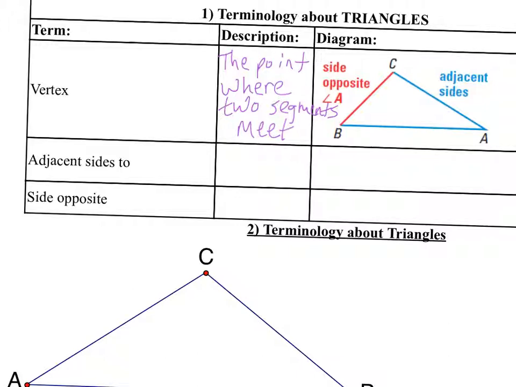The adjacent sides are AC and AB. That's the adjacent sides to angle A. The side opposite of angle A is line segment BC.